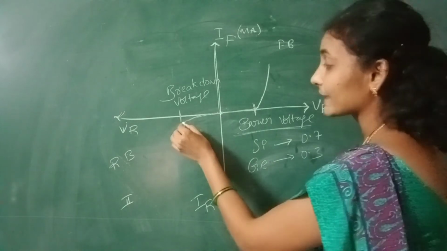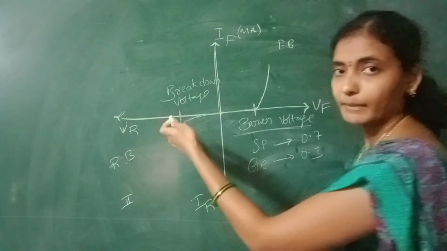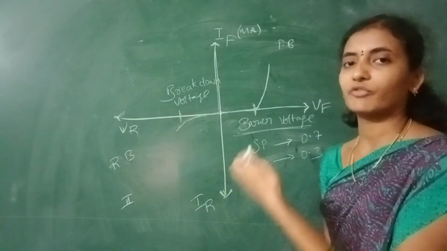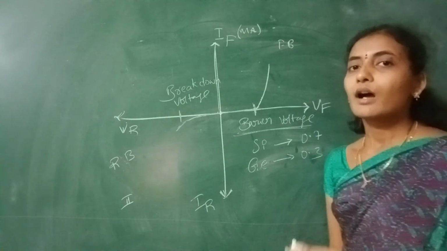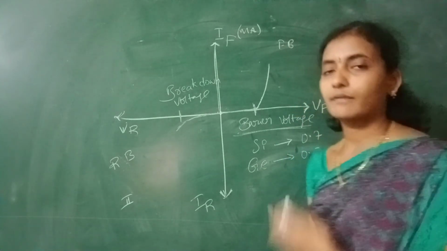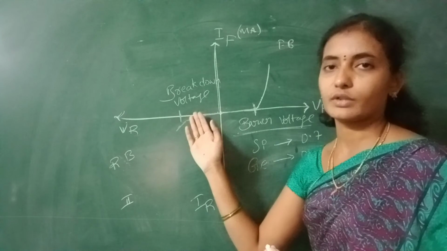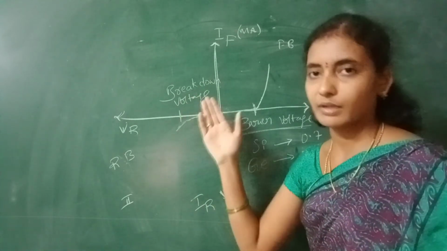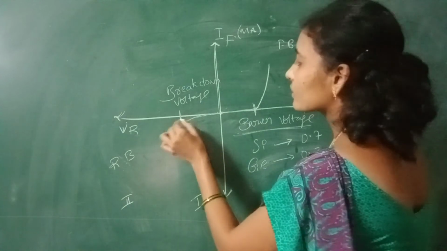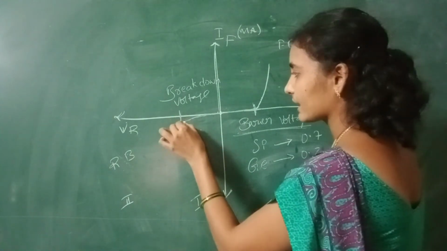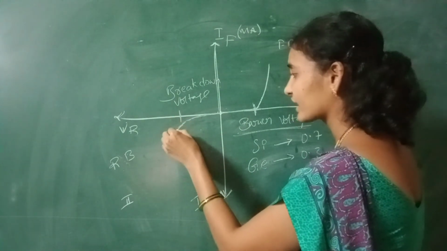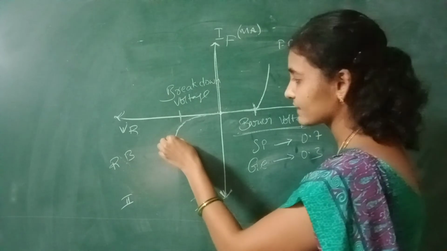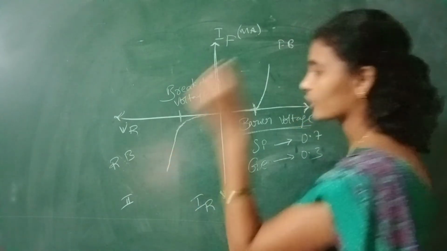If we increase the reverse voltage after the breakdown voltage, the component will be damaged. So this is the maximum reverse voltage. When it reaches the breakdown voltage, for small variations in the reverse voltage, the current increases sharply.